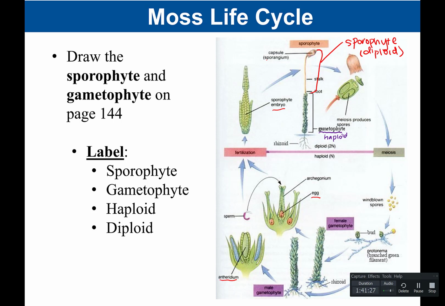So for the moss, you want to draw this whole part. The bottom green part, you're going to label gametophyte. It's haploid. And the top part, the stalk and the capsule, is going to be the sporophyte. So that whole part is sporophyte, and that is going to be diploid. And so this is the life cycle of the moss.